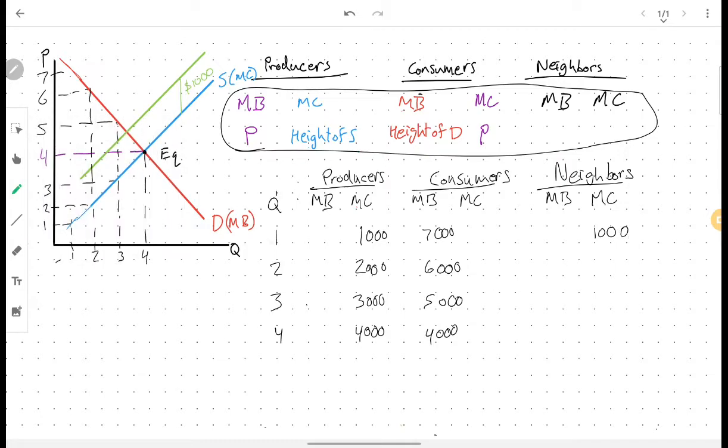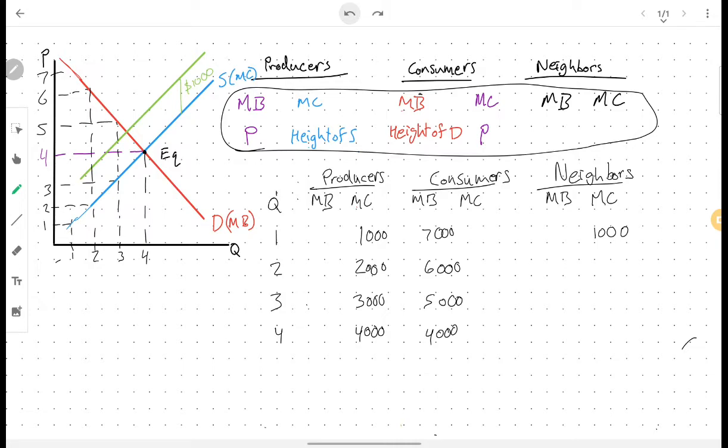The problem here is that the numbers for the consumers and the producers are really large, and the number for the neighbors is small, and so we would get small changes in the quantity that are efficient, and so I need a larger effect on the neighbors in order to get an entire car's worth of efficient changes. All right, that'll become more clear in just a second.